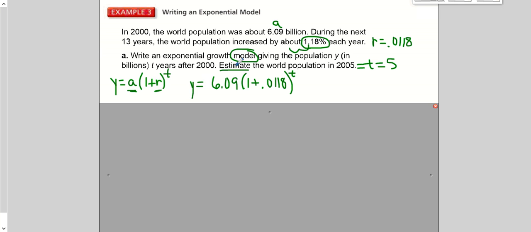So to estimate it, we're going to put in a 5 for T. Push buttons on our calculator. 1 plus this number is just 1.0118. I can add those together ahead of time. Don't have to, but you can. And then type this in your calculator and see what you get. Then on your mark, get set, go.